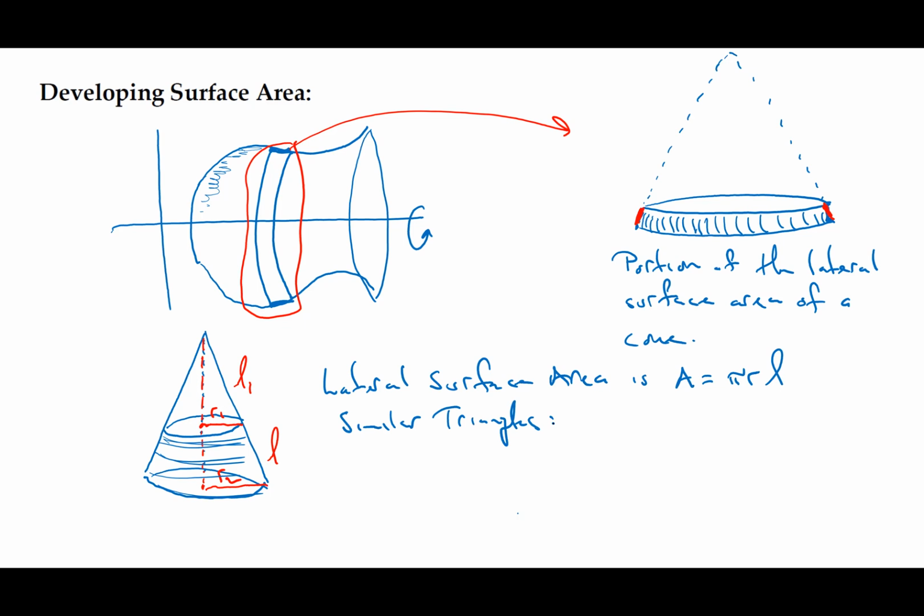So the similar triangles tell me that L1 over R1 is equal to, well, it's going to be equal to that same ratio for the whole cone, right? Which would be L1 plus L all over R2, okay? So on the right side of this equation, we have the big triangle that represents the entire cone, and on the left side, we've got this smaller triangle from the top to the top of our frustum.